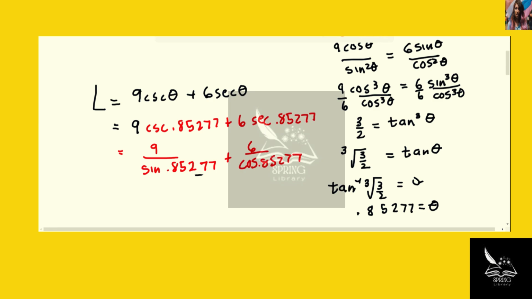All right, let's see if I can get it. 0.85277, the sine, divide by 9, reciprocal.